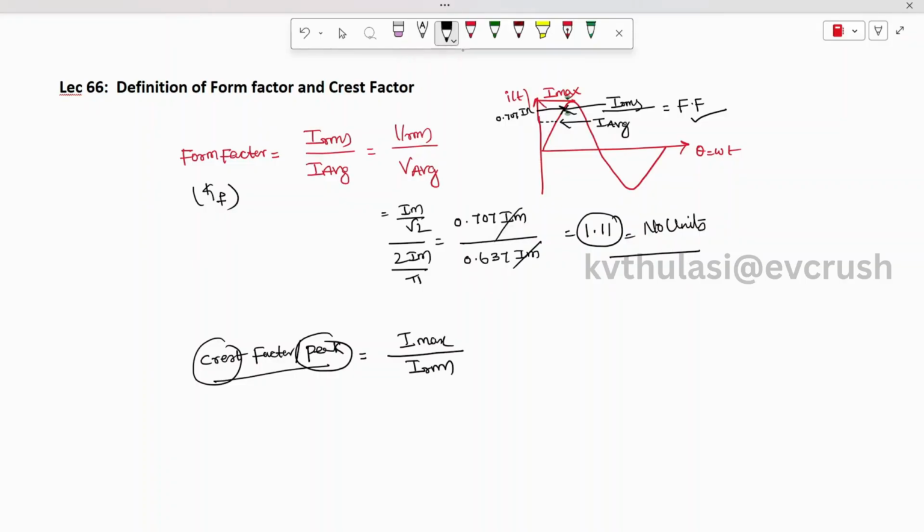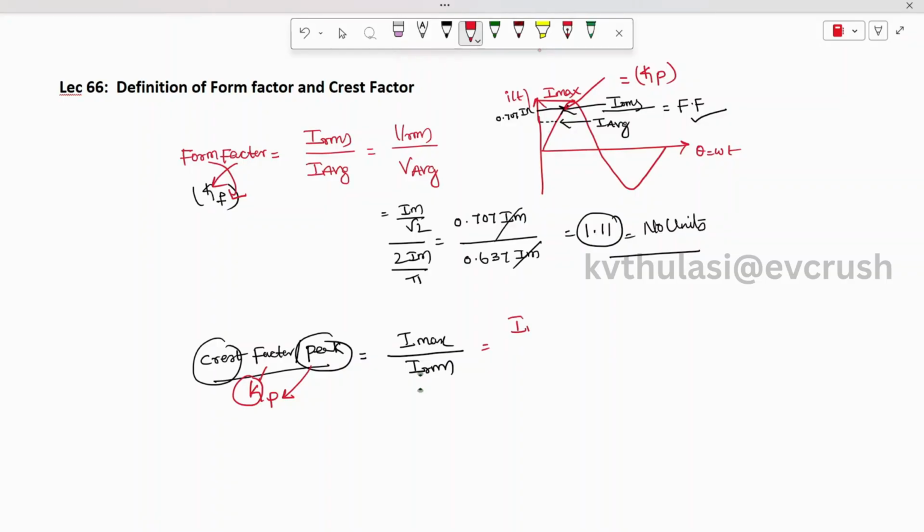So the maximum value divided by RMS will give the crest factor. The crest factor or peak factor is written as Kp, where P is peak and K is factor. Here also F is form and K is factor. So this Kp is nothing but maximum by RMS.